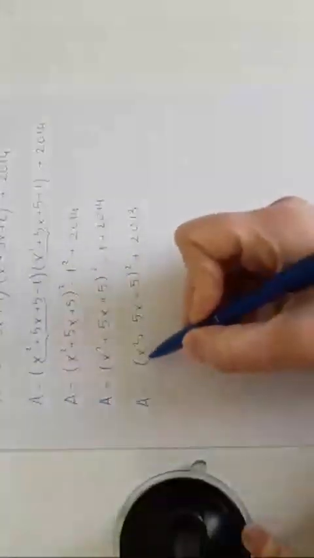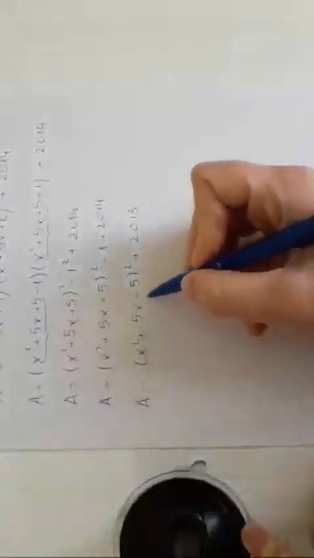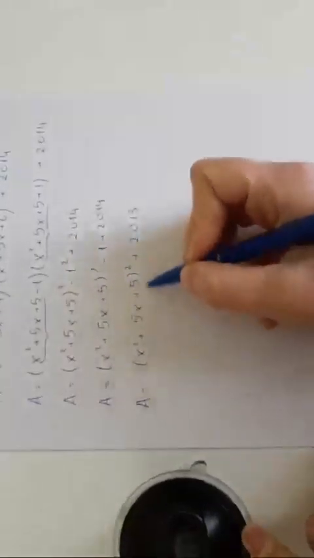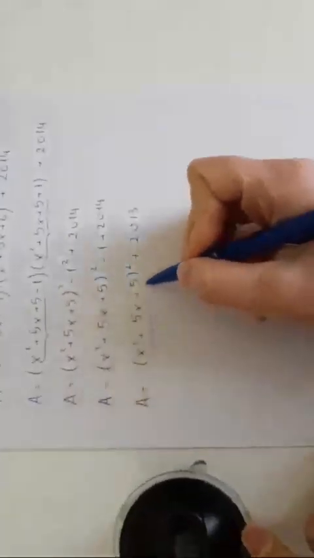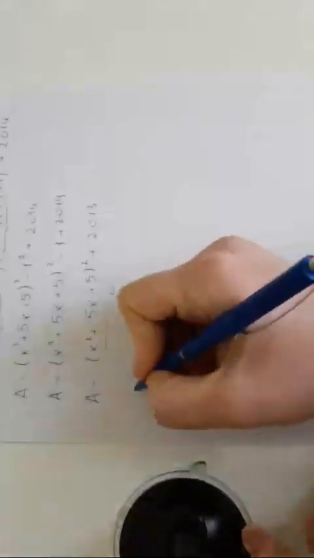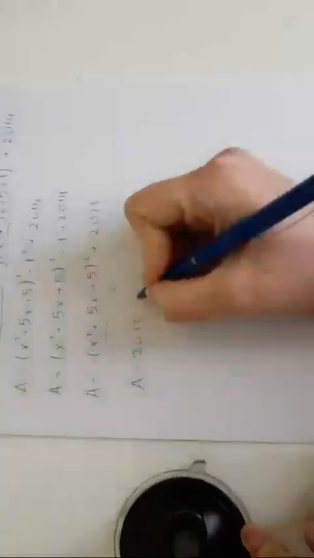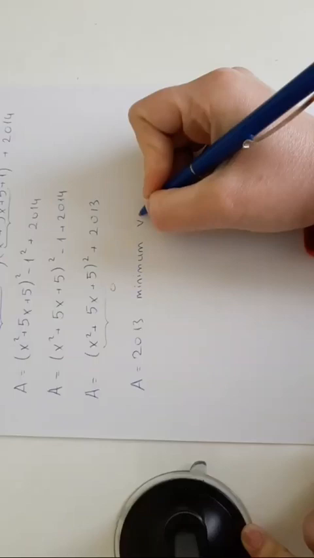So the minimum value that x squared plus 5x plus 5 can take is 0, so the minimum value of A will be 2013.